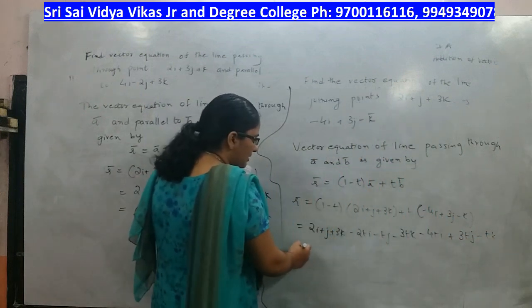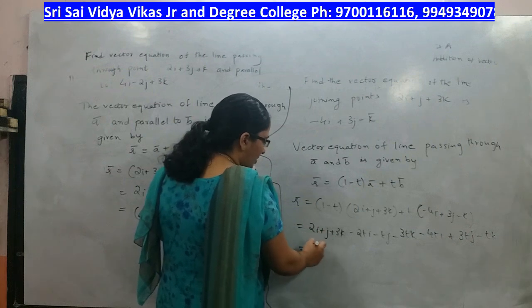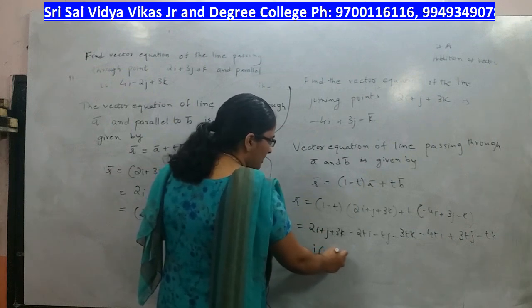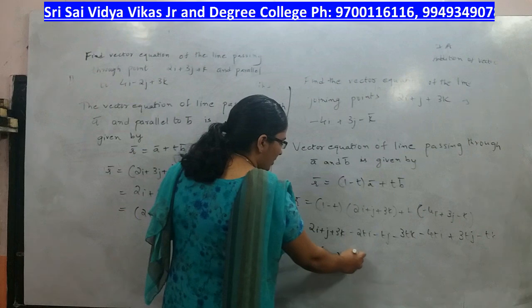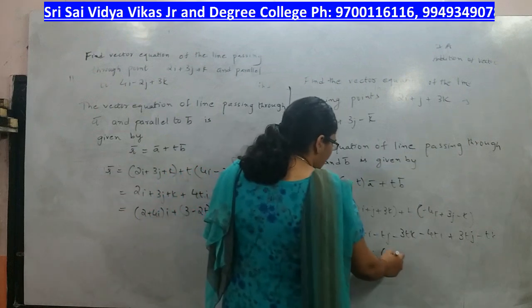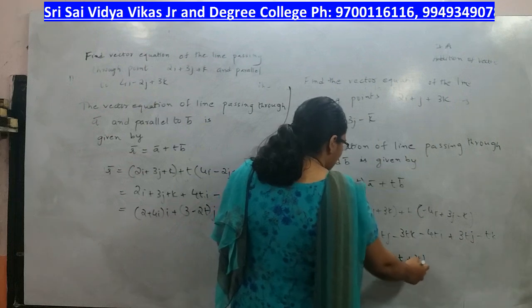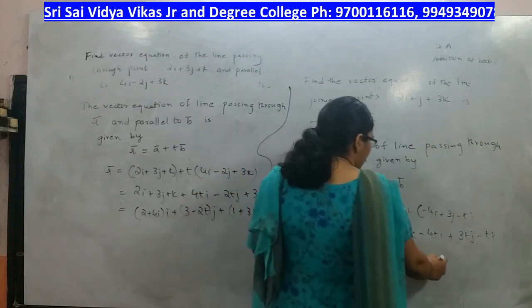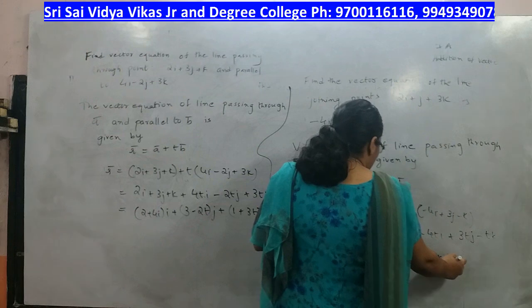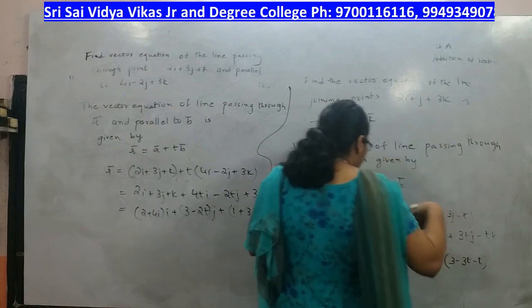Now, take i common, you have 2 minus 2t minus 4t, plus j common, 1 minus t plus 3t, k common, 3 minus 3t minus t.